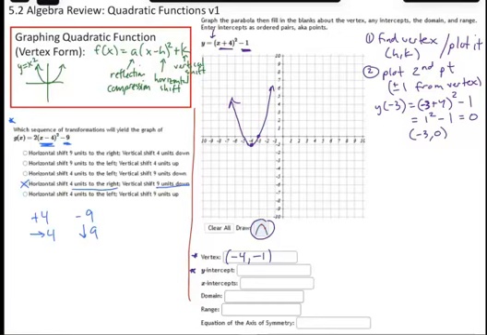Okay, then you can find your y-intercept. So think about what it takes to find your y-intercept. A y-intercept has an x-coordinate of what? 0, right?